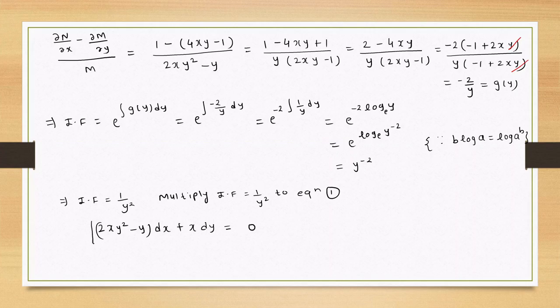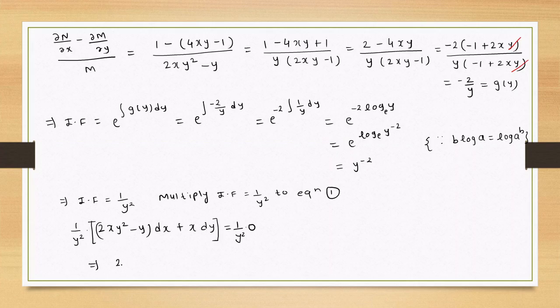So if we multiply by integrating factor 1 upon y square to both sides, so this is 1 upon y square into 0. Okay. So this is equals to, now this y square gets cancelled.